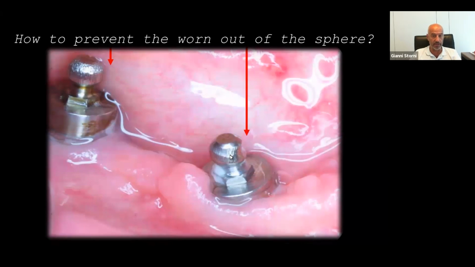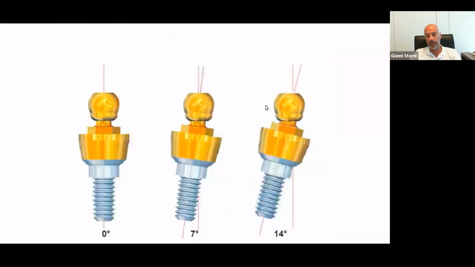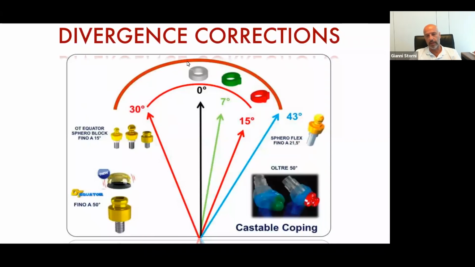For that reason, we have solutions for high divergence. So we can correct up to 50-degree divergence between implants using different options. For ball attachments, we have directional rings that you can see, gray, red, green, red, that are correcting up to 30 degrees between implants.